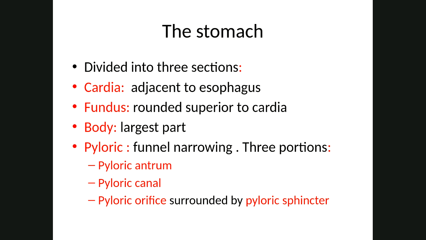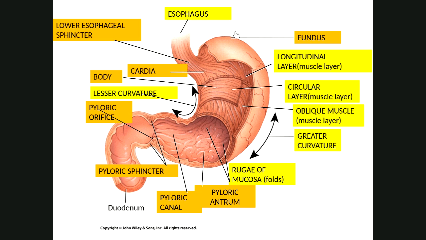The stomach is divided into 4 parts: the cardia, the fundus, the body, and the pyloric region. Let's look at those. So the fundus is here. The cardia is where the esophagus meets the stomach. The body is the largest part, and then the pyloric region.